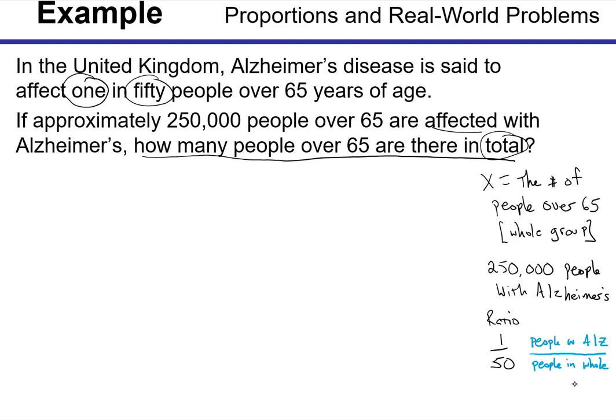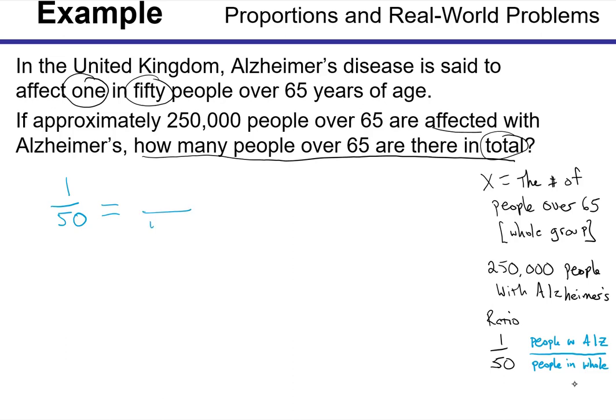So I want to solve an equation for X, and I'm going to start with the 1 in 50 to make my equation. So remember, 1 is the people who have the disease Alzheimer's, and the 50 is the whole group. Now that's got to equal a fraction.